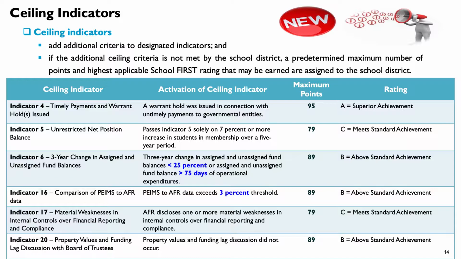Indicator 4 is now going to become a ceiling indicator for the 2021 rating year. It has 2 parts. The first part is timely payments. Did your school district make timely payments?